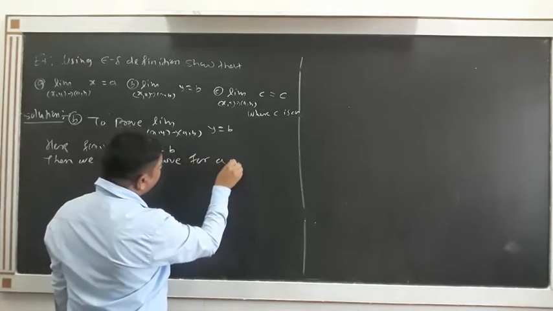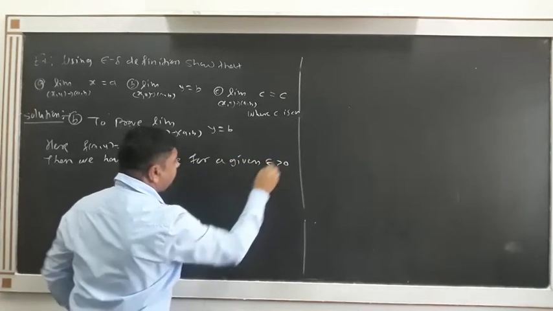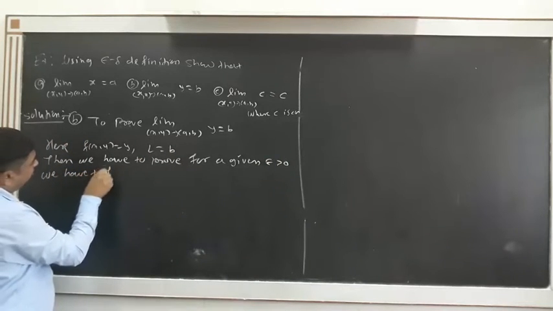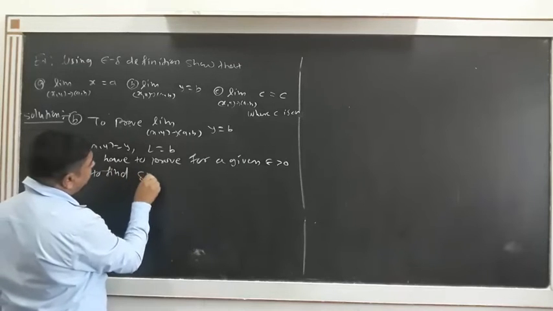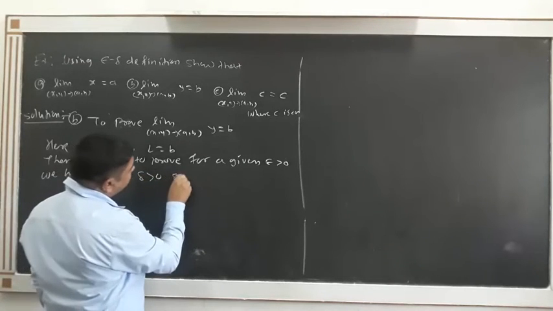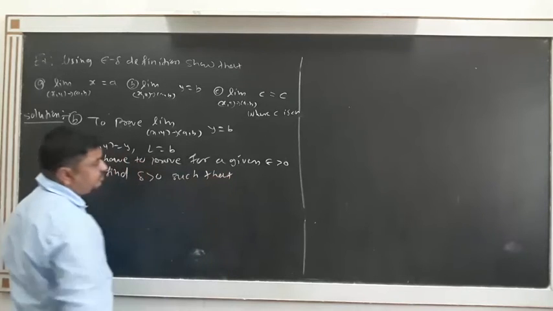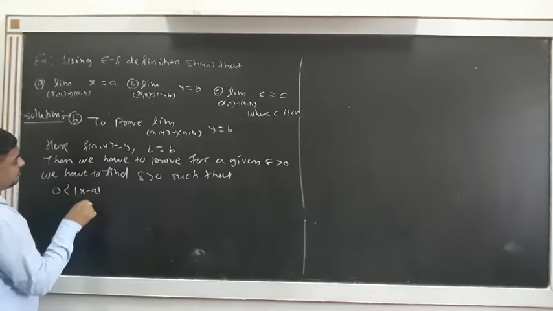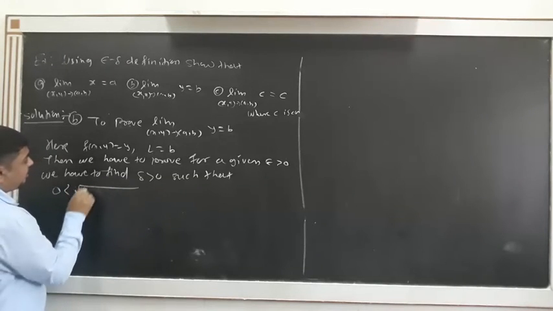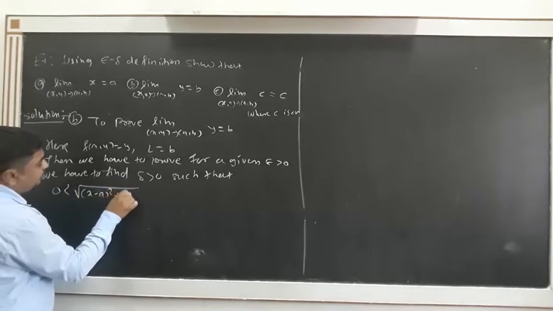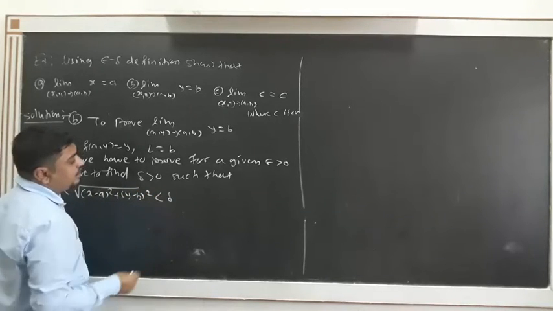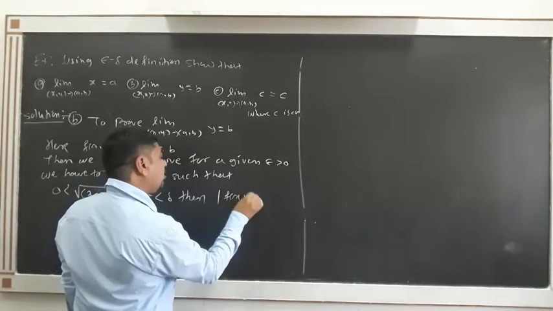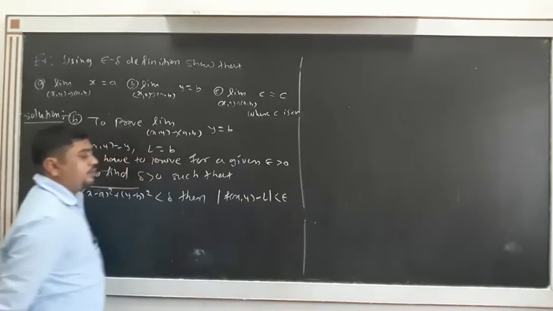For a given epsilon greater than 0, we have to find delta greater than 0 such that 0 is less than the square root of (x minus a) square plus (y minus b) square is less than delta, then mod of f of xy minus L is less than epsilon.